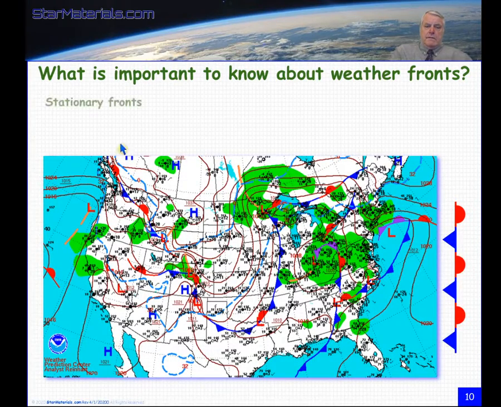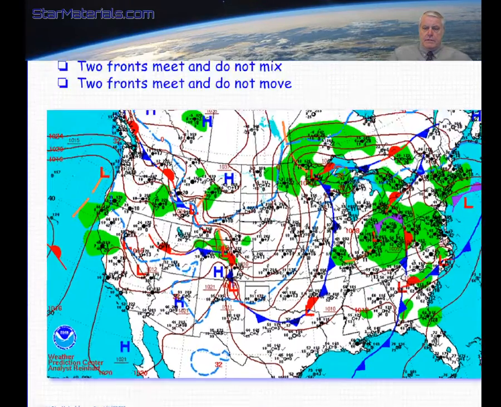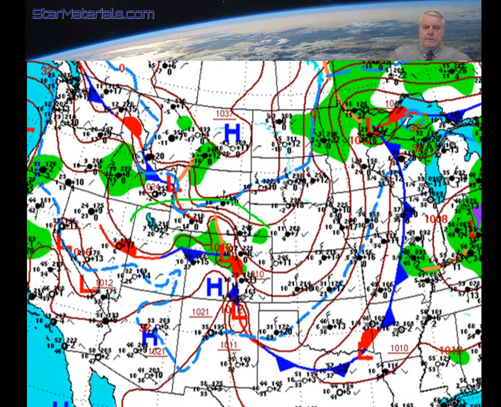So, we have stationary fronts. Two fronts meet and don't mix. We have a couple of them in this map. Two fronts meet and don't move. They are stationary. So we have one here. See it? Red, blue. We have another here.